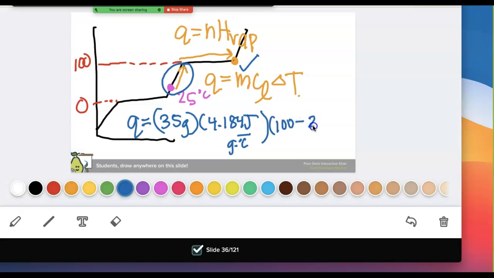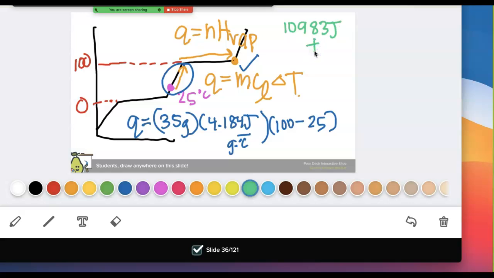The arrow started at 25. Okay, first equation's done. We can calculate that out. Here, let's do it. 35 times 4.184 times 100 minus 25 is 75. This number comes out to be 10,983 joules. Please bear with me. So I have my first one done.